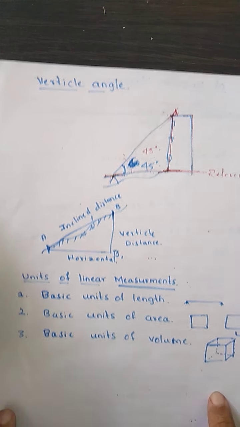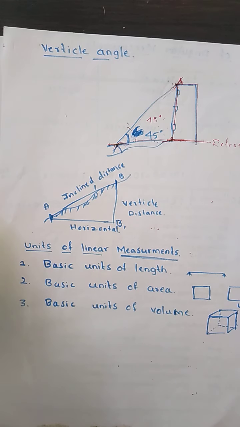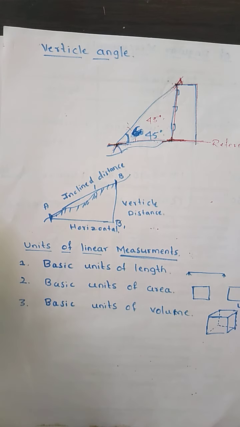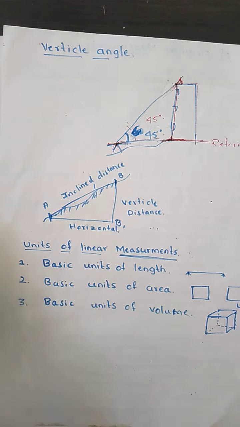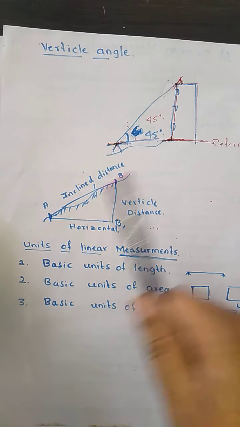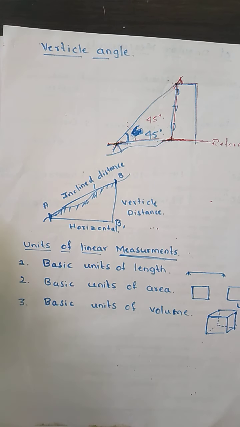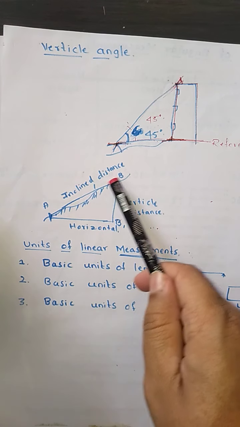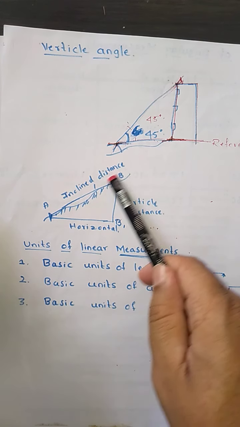Next, suppose here you are going to have one particular area. Now we will see the things one by one. Here you have 2 points on an inclined surface, that is A and B, which are present on a slope. AB is nothing but the inclined distance. From point A to B, I have made one straight line.